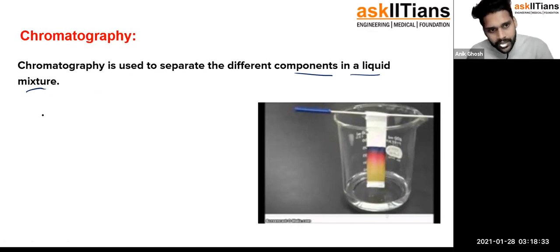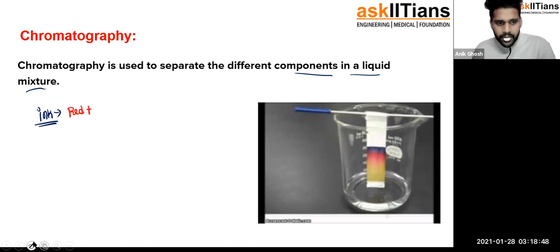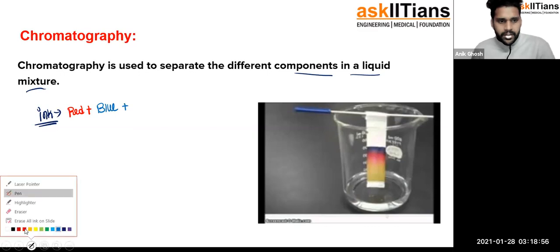So if you just consider you have an ink, okay, this ink is made up of, let's say, red particles, let's say blue particles, and black.